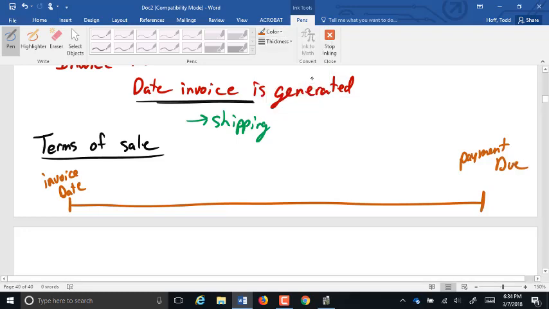But generally, within that timeline, the terms of sale define two different periods. One is something called the discount period. That is the period of time where that buyer can receive a discount for paying early. And of course, there is a date, the end of the discount period.